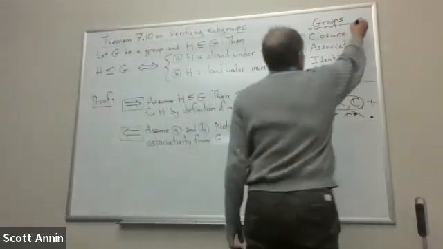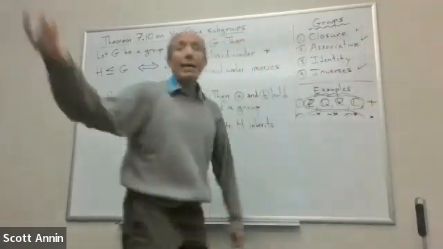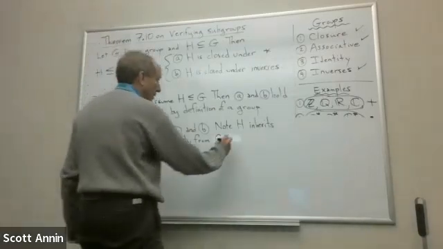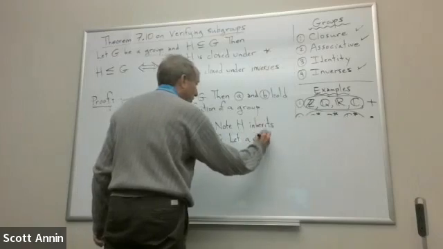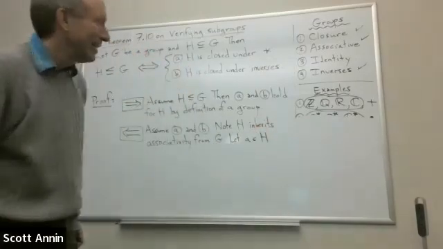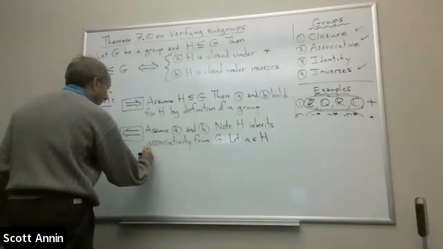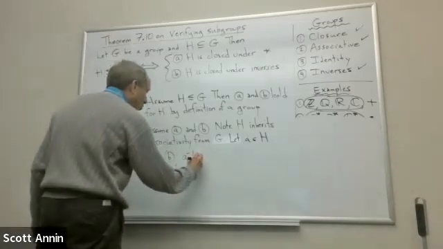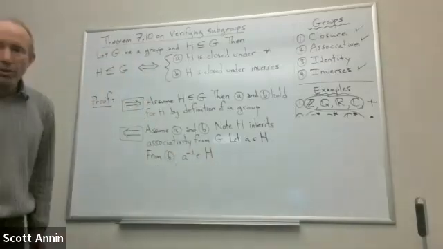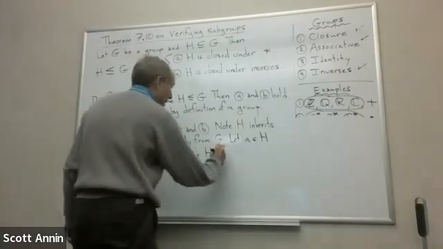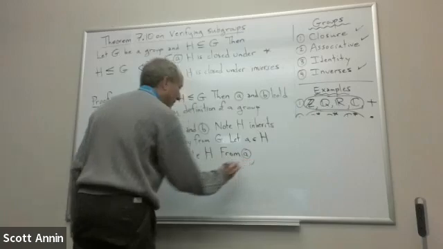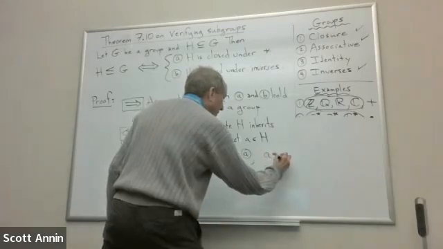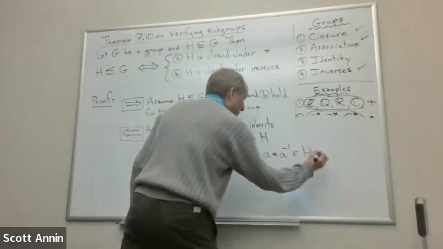So we assumed closure and inverses. We've now inherited associativity. What about the identity element? Well, that's going to be pretty easy as well. What we can do for this part, I'll just take an element out of H, call it A. And then from the condition B, which we are assuming, H is closed under inverses, so the inverse of A has to also be an element of H. And then from condition A, we also know that H is closed under the operation.